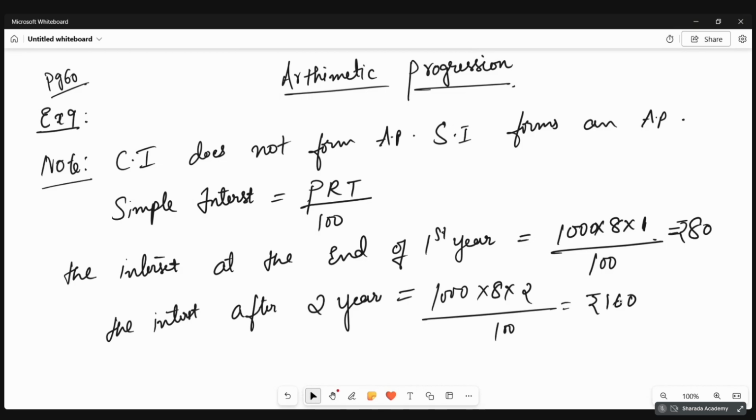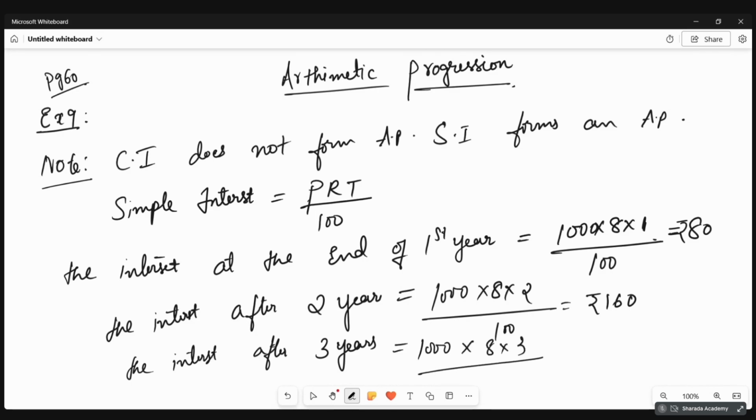Okay. So after third year, what will you get? The interest after 3 years is 1,000 into 8 into 3 by 100. So it is 240 rupees. After 3 years together, if you want to take, it will be 240.